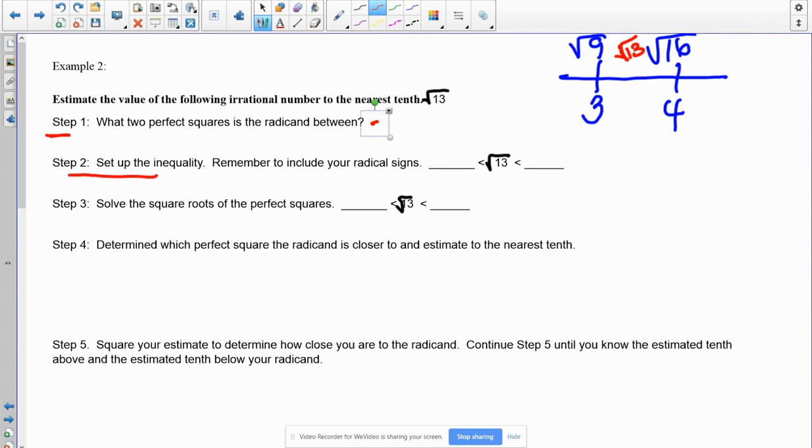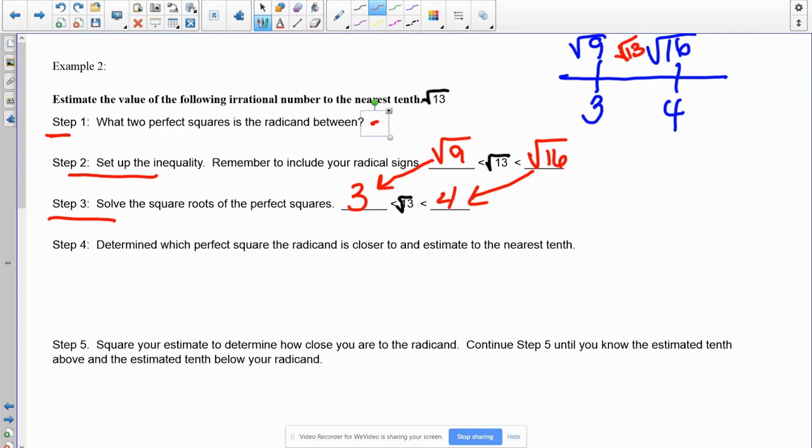The square root of 9 is less than the square root of 13, which is also less than the square root of 16. Now, if we actually solve those, again, these are the same steps we went through in LT1. So the square root of 9 is 3, and the square root of 16 is 4. So that gets me started to determine what I should estimate at.